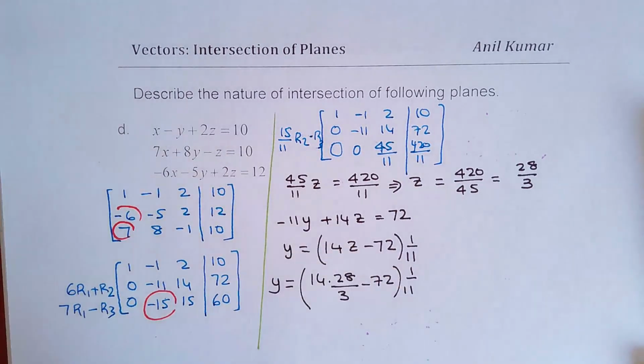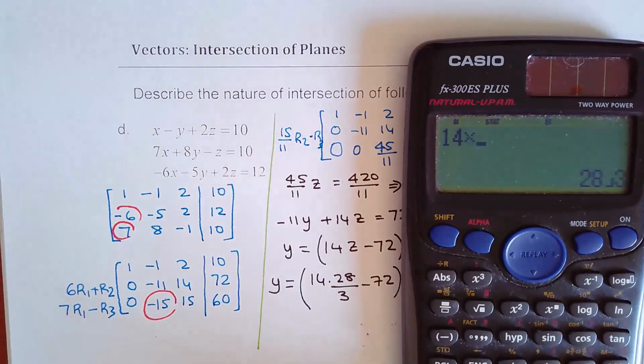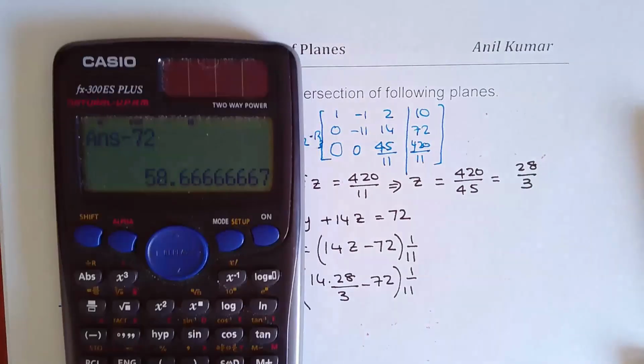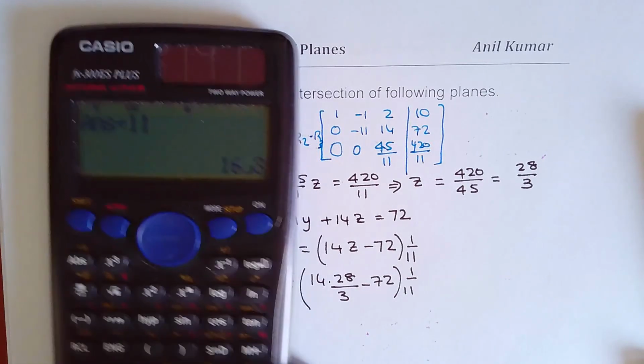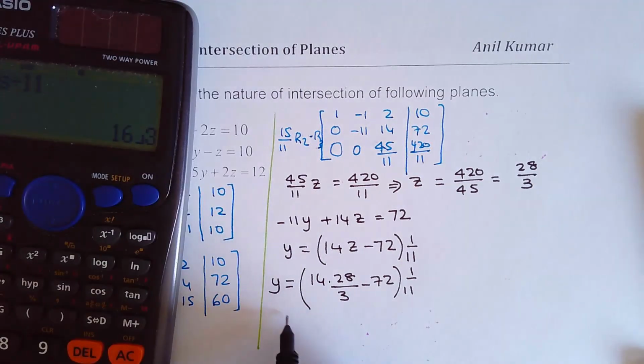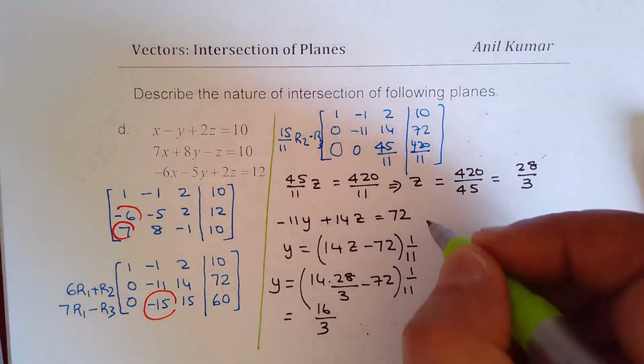Right? So let's use the calculator again to find this answer. 14 times 28, divided by 3, take away 72, and then divided by 11. The answer we want in fractions, 16 over 3 is what we get. So we get y coordinate as 16 over 3.